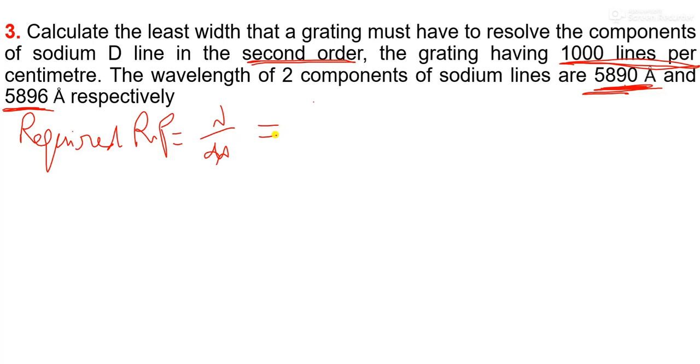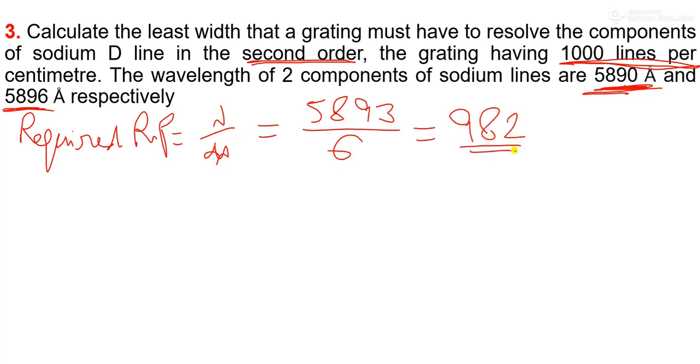So lambda equals 5893, and d lambda is the difference of these two wavelengths, lambda 1 minus lambda 2, as we have calculated in the last problem. So this is equal to 6, and it comes out to 982. This means to resolve these two wavelengths, the required resolving power is 982.